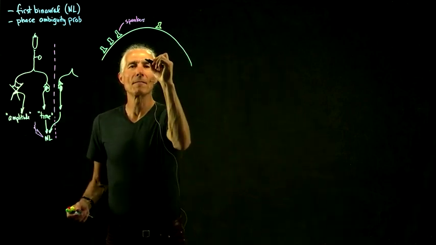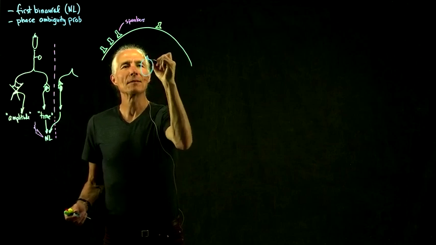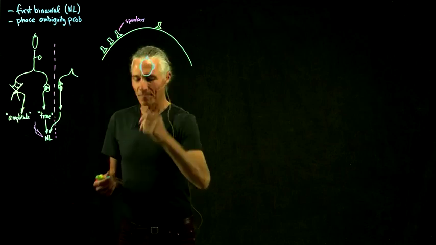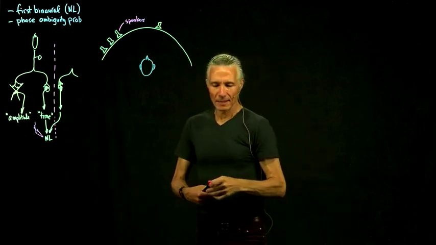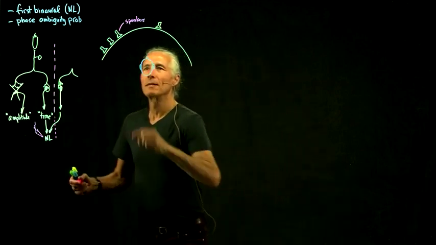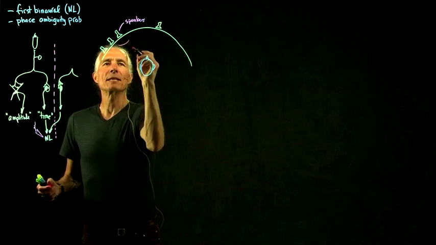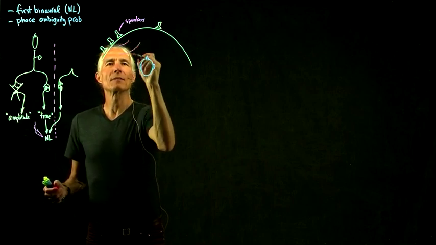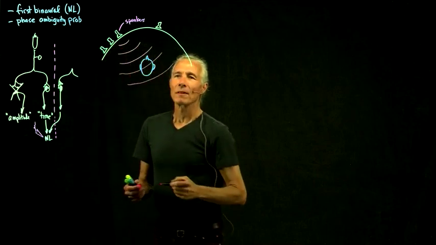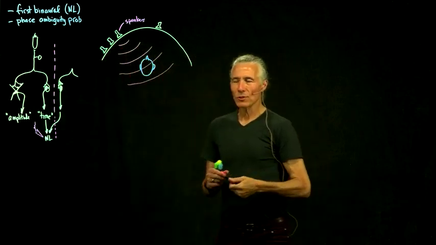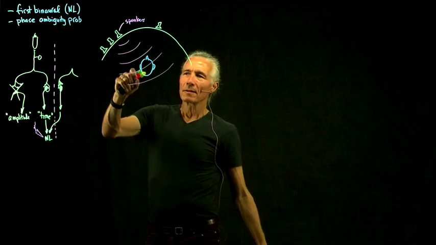So here you are, you're in the dark room, there's your nose, ears. So what's happening is the sound waves are coming out of the speaker. So here's some sound waves coming out of the speaker. And so what are those? Those are the pressure waves.